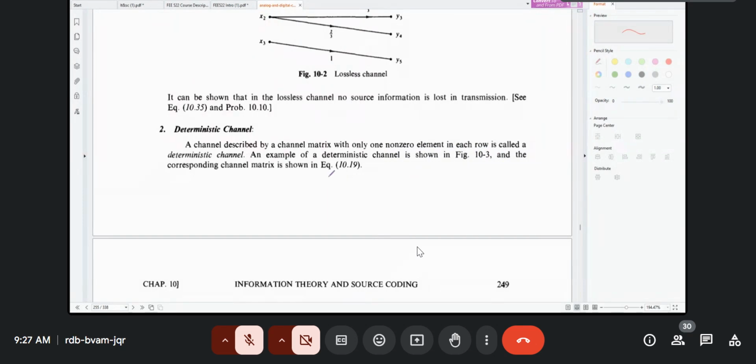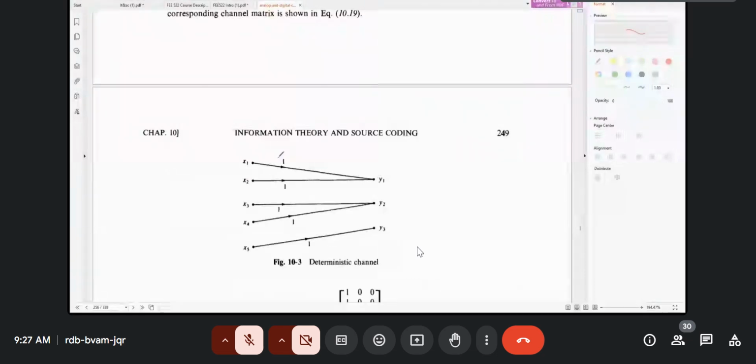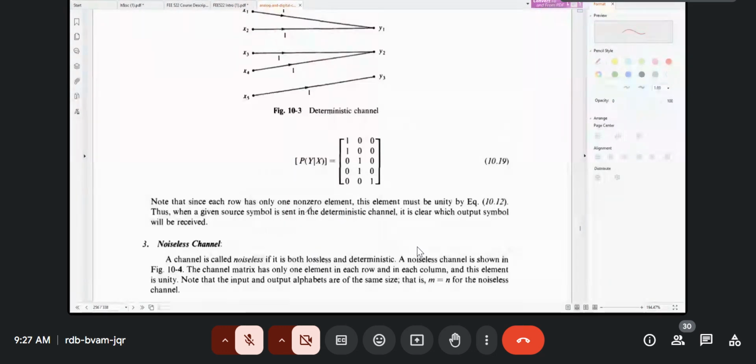And that element has to be one, because this value has to be one. This is a good example. You can see here we have more x's than y's, more input symbols than output symbols.